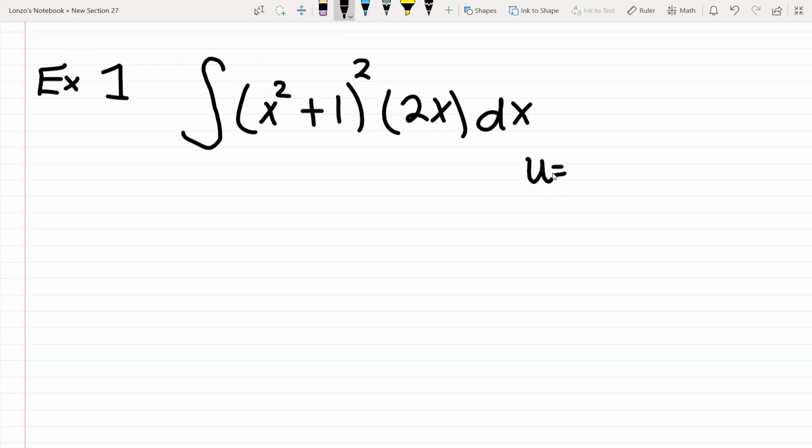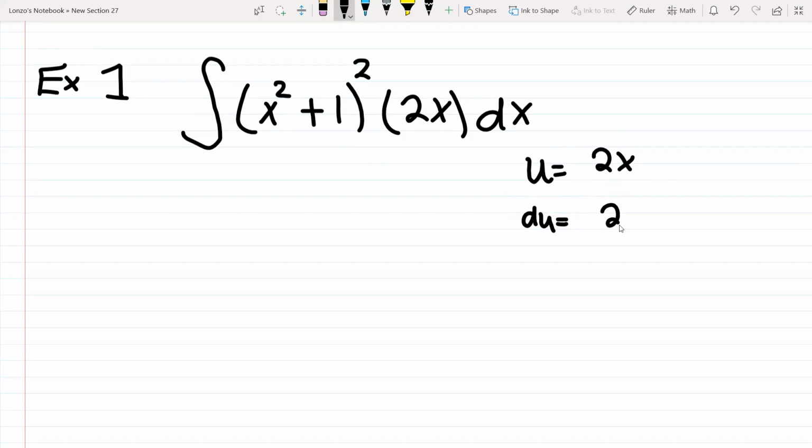The hard part of u-substitution is figuring out what is your correct u. Let's say you use u as 2x. Then du means you take the derivative. What is the derivative of 2x?